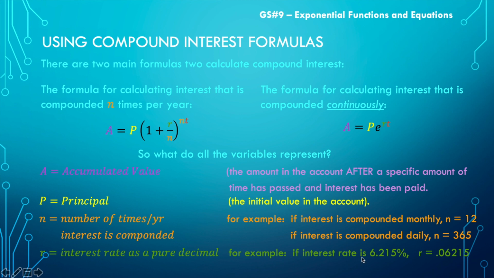The last variable we need to think about is t, which, as is often the case, represents time. When we're talking about compound interest, t is often measured in years, but it doesn't have to be. Let's look at an example.